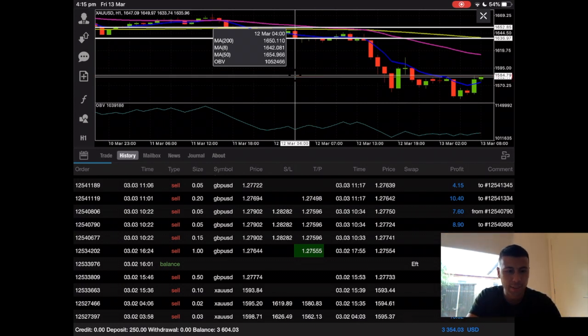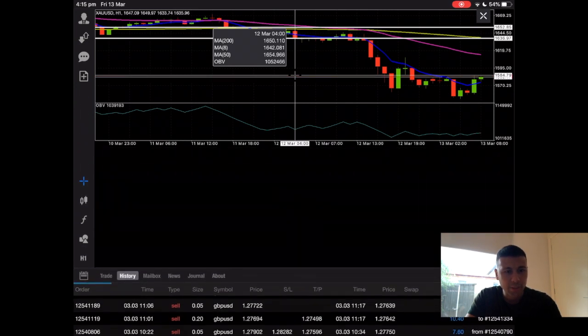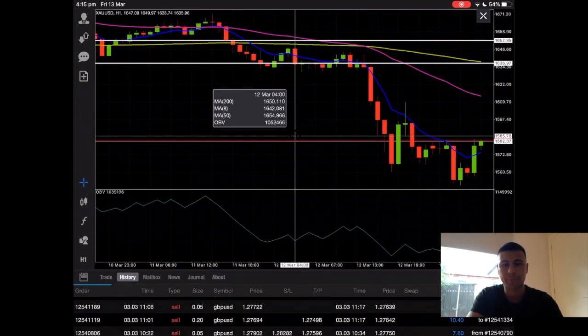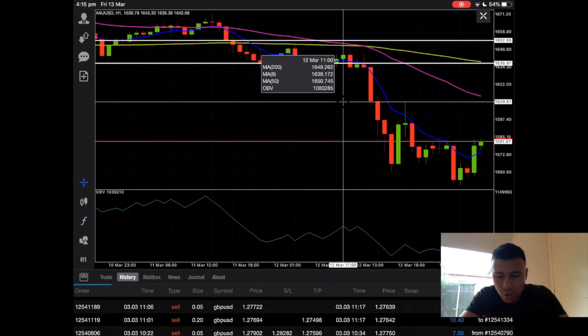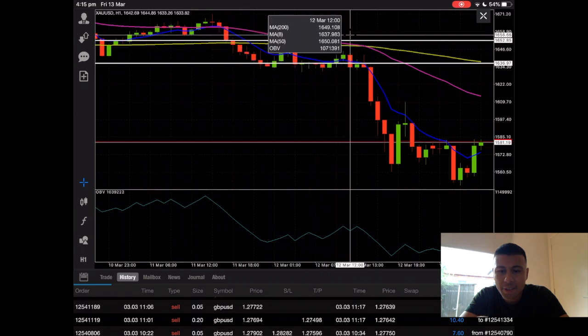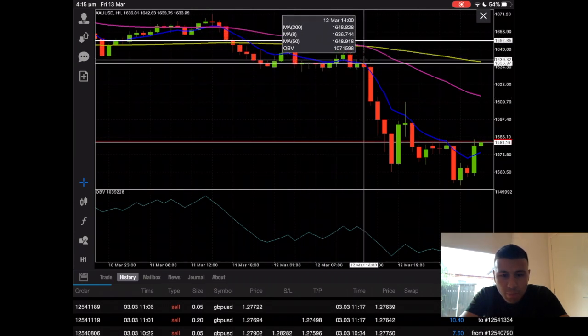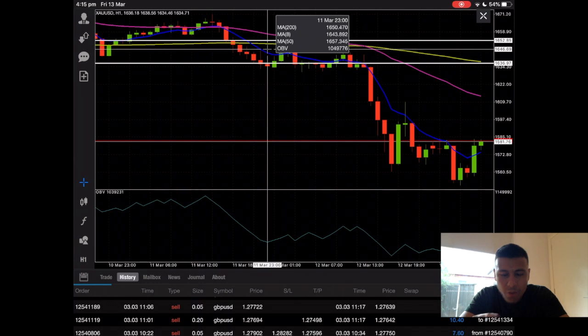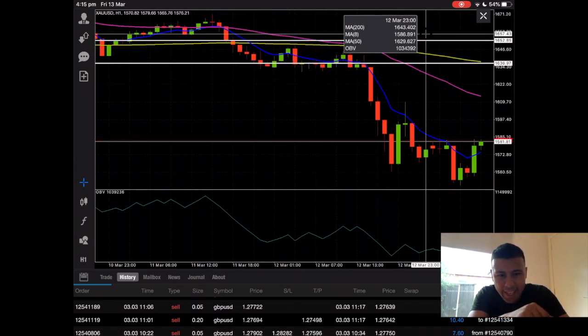Alright, so let's check it out, shall we? Let's start off with gold. There's my little cursor. I caught this gold trade right here. As you can see, it was my crossover strategy. It gave me an entry point up there, and I should have entered, but I missed it.